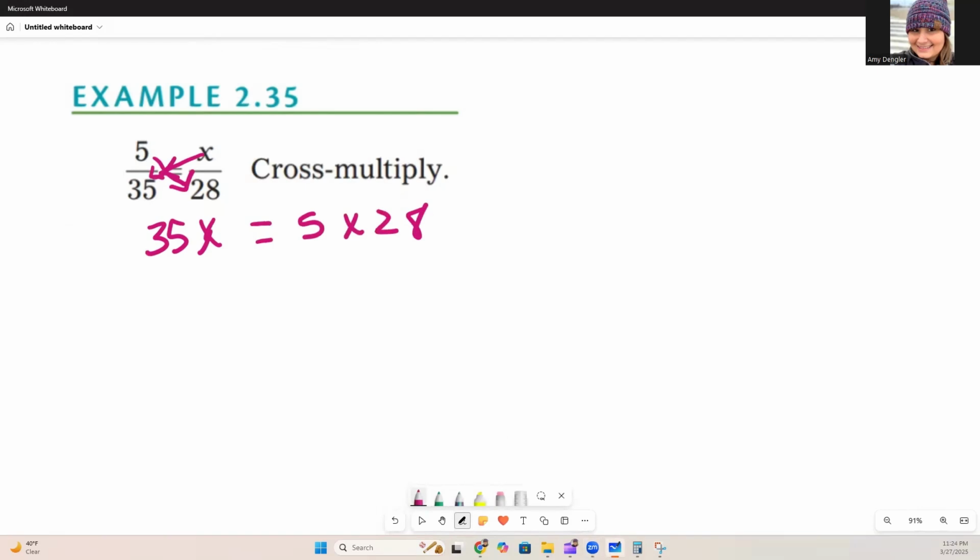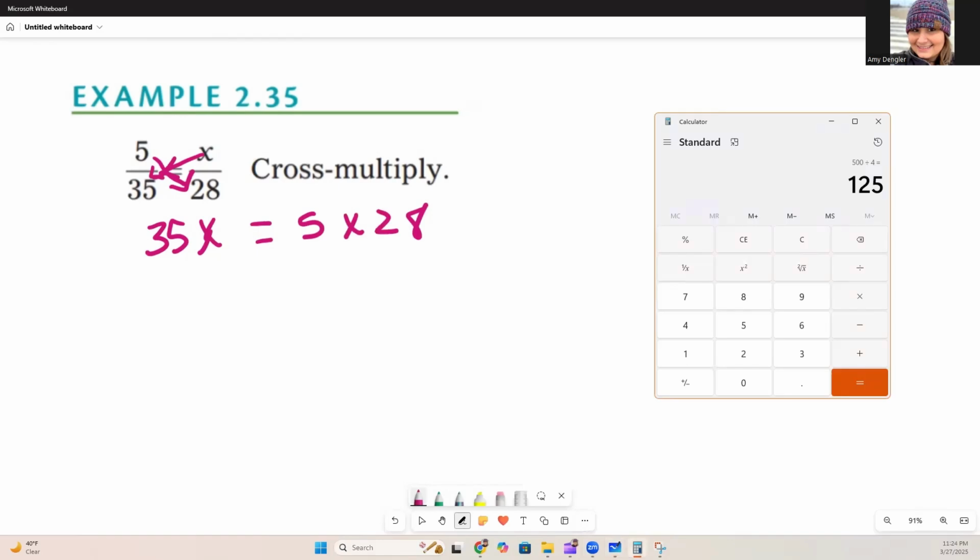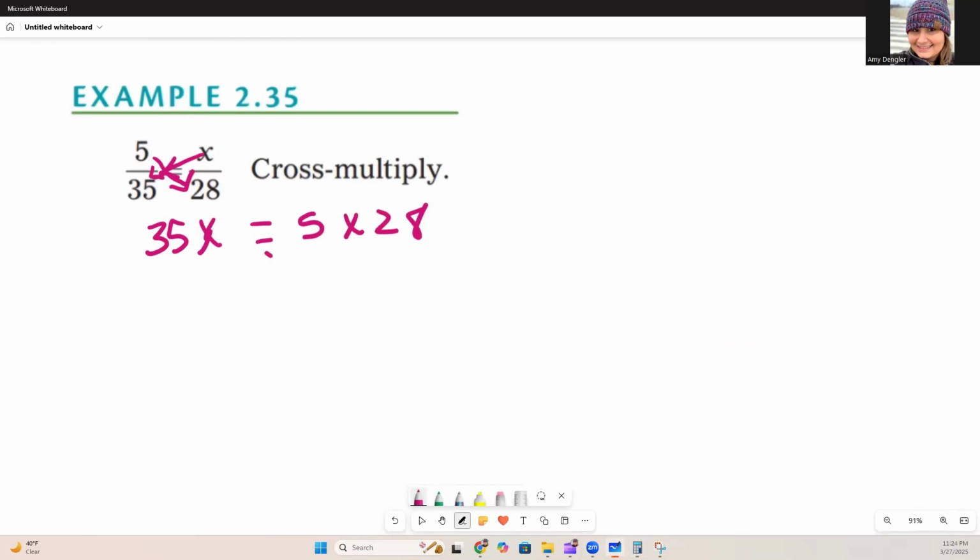That's how we get the 35x. And then the other side, we do the two numbers diagonally, which is multiplication. So 5 times 28. Now we're going to do the side where the multiplication is first. So 5 times 28, which gives us 140.